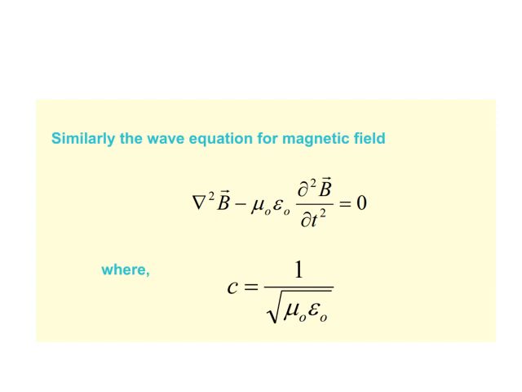In the same way, the magnetic wave equation is del squared B minus mu naught epsilon naught dou squared B by dou t squared is equal to 0, where C is equal to 1 by square root of mu naught into epsilon naught, where C is the light velocity, that is the electromagnetic wave velocity.